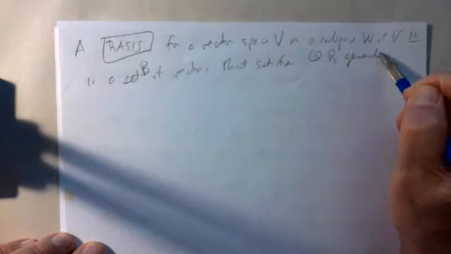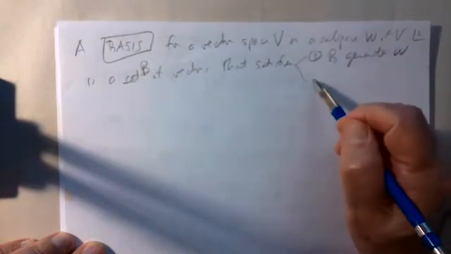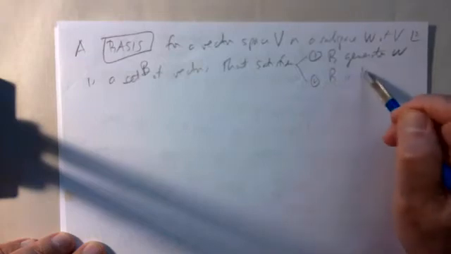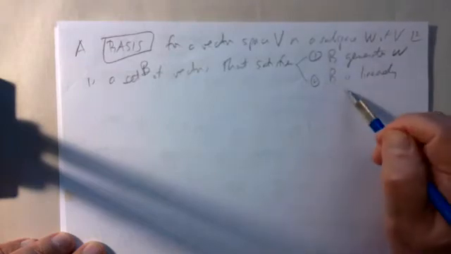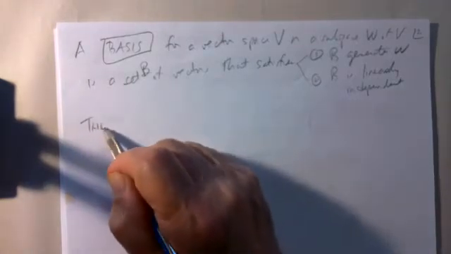B generates W, and B is linearly independent. And an important problem in linear algebra is, given a subspace of a vector space, find a basis for the subspace. And there's a very important consequence of our previous theorem about the size, the number of vectors in a basis. And that's the following.